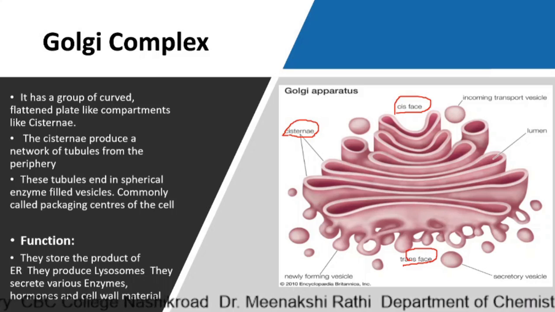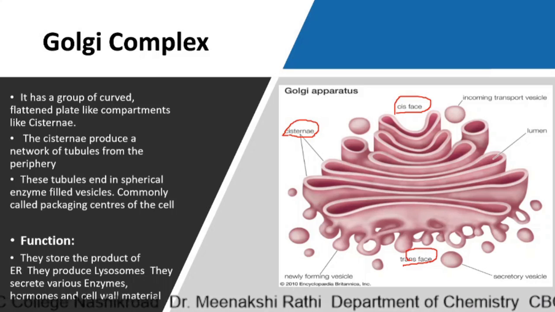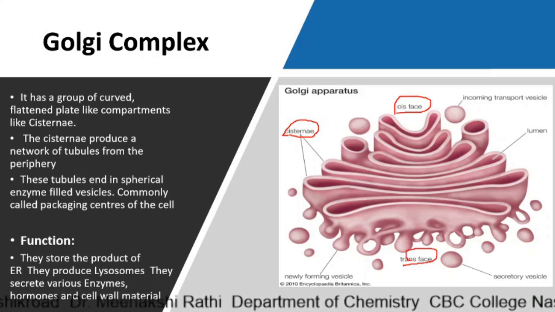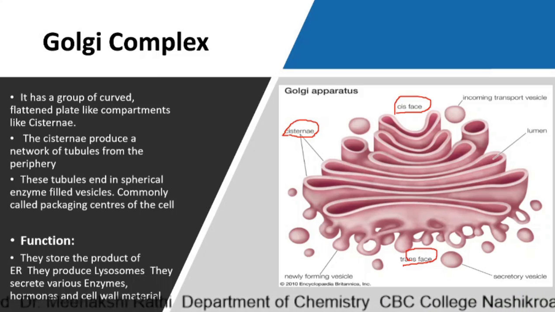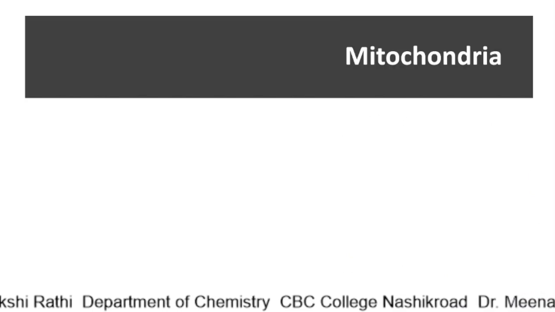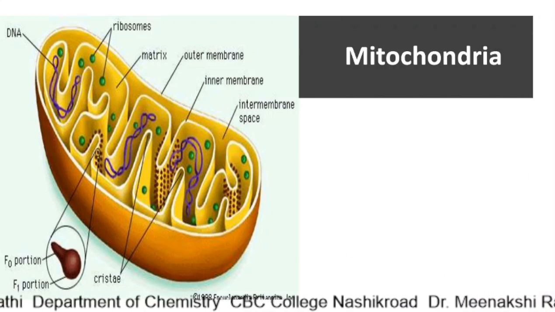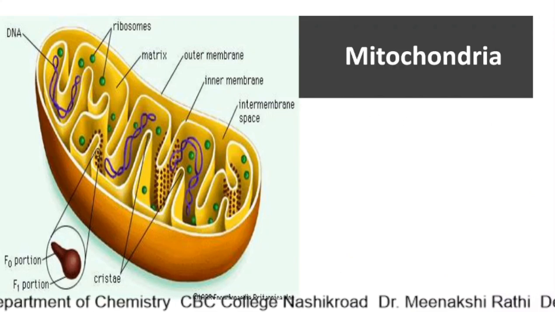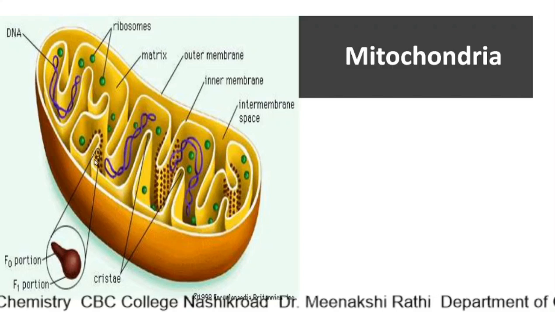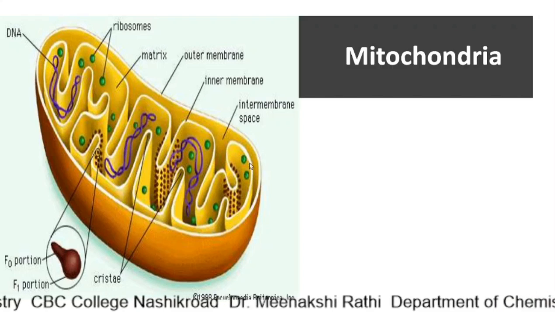So, now we will discuss the next cell organelle, that is mitochondria. This is the structure of mitochondria. You can see here it has a double layer membrane.